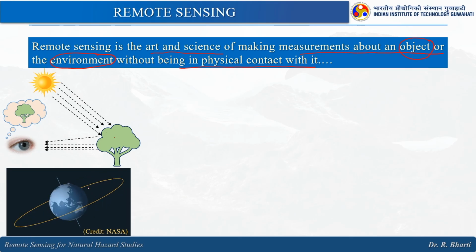The same thing is being done by the instrument. You can see here in this video, this particular satellite is looking at one particular position, and continuously it is getting the reflected energy or emitted energy or backscattered energy from the surface, and then it is generating the images.